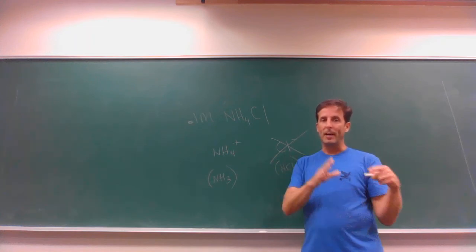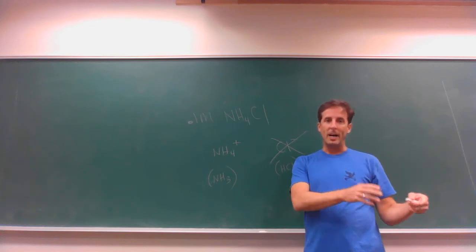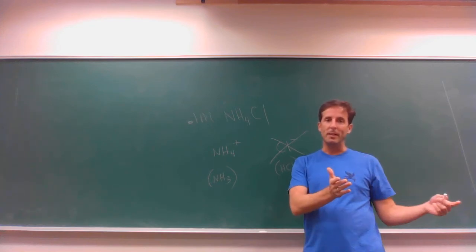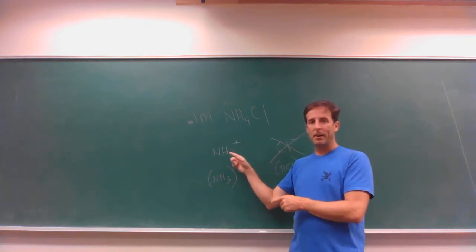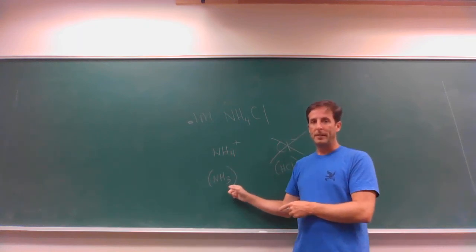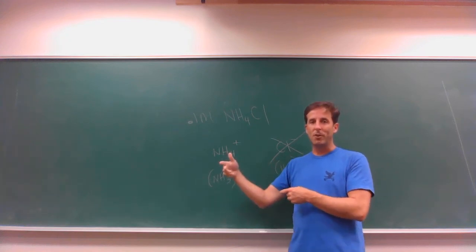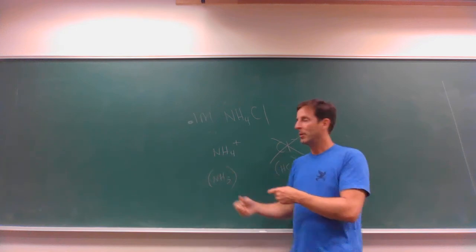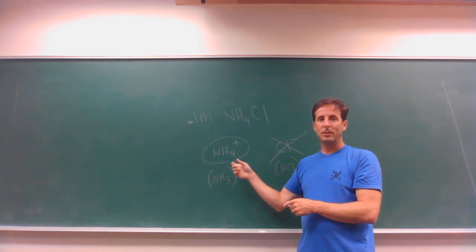We call strong acids like HCl and HBr and HI the ones that completely dissociate. That's not what we're saying here. This is a weak base. Its conjugate will be relatively strong, meaning it's strong enough to affect the pH.